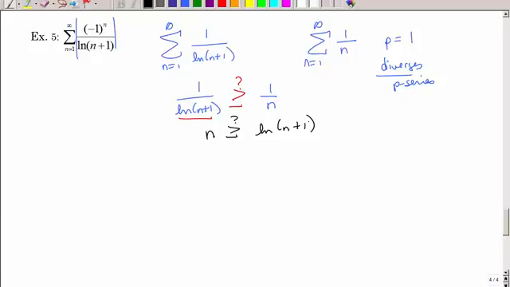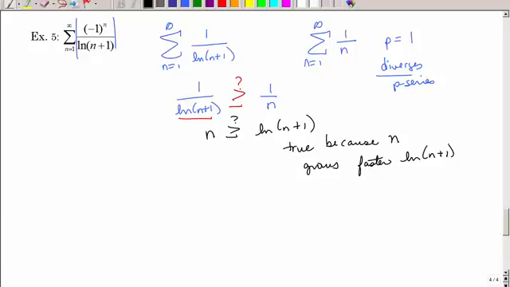You could make an argument that that is true, and you would have to write your reasons, because n grows faster than the natural log of n plus 1. But if you don't know that, you can't just state it. So what else could you do if you weren't comfortable with that?